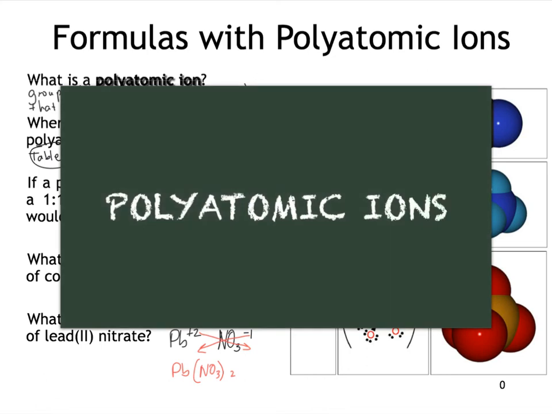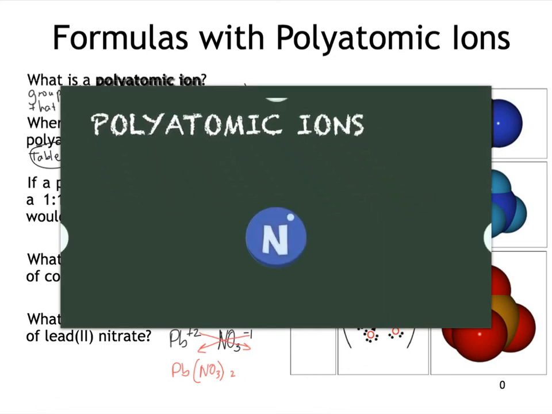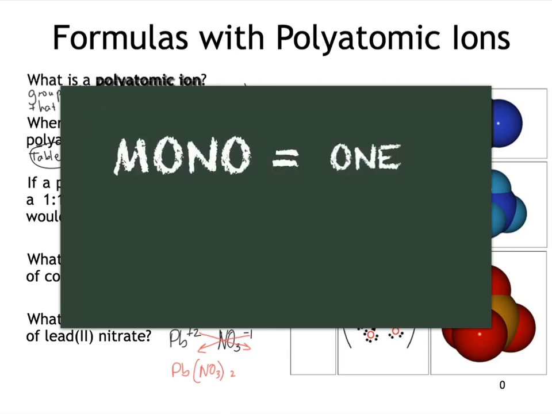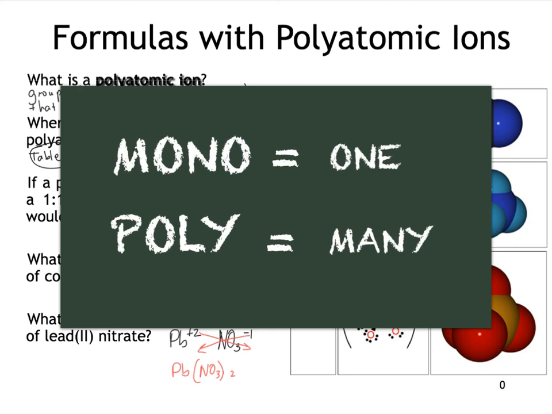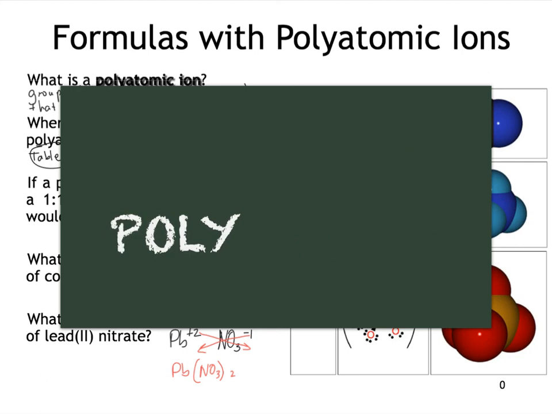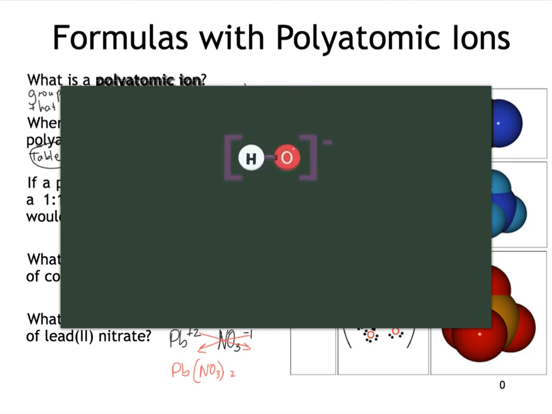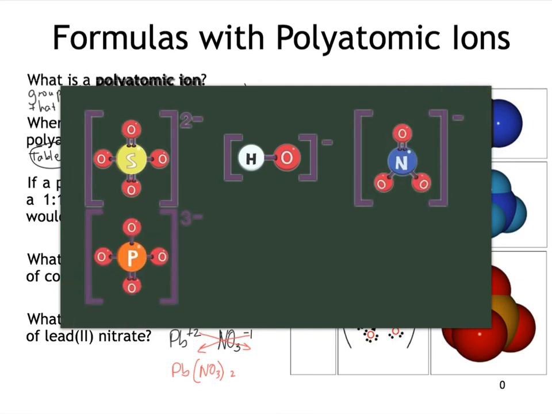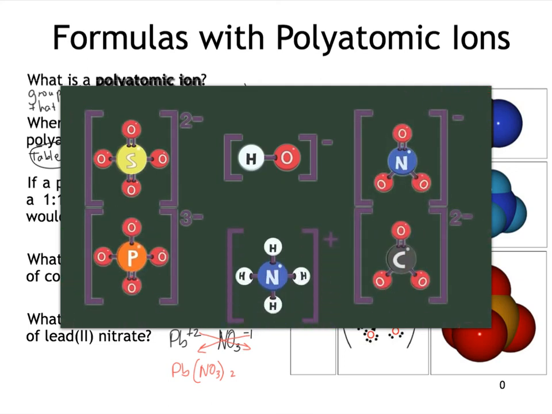These polyatomic ions are ions made of more than one atom. Remember that mono means one and poly means many. Some common polyatomic ions include hydroxide, sulfate, nitrate, phosphate, carbonate, and ammonium.